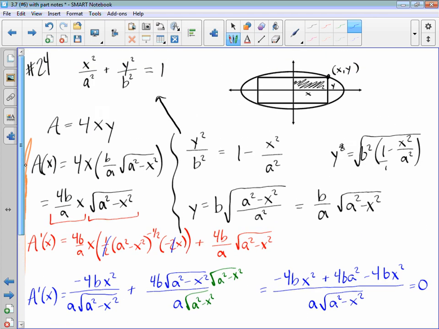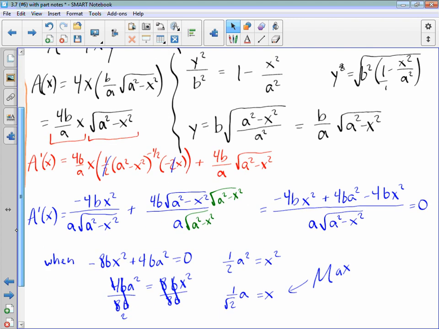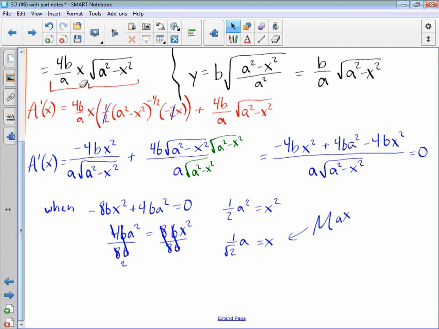And what does the question actually ask for? Find the area. So if I'm trying to find the area, I can plug it back into really any of these up here. I'm going to plug it back into maybe this one here. So I know my x is that, and I'm plugging into this one right here. So my area, whoops. This is going to be 4b over a.